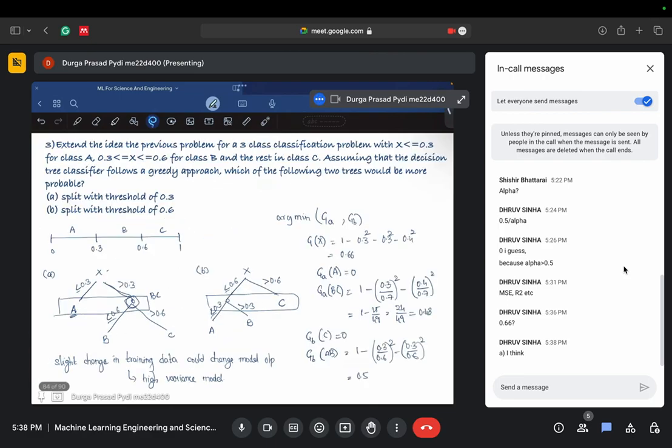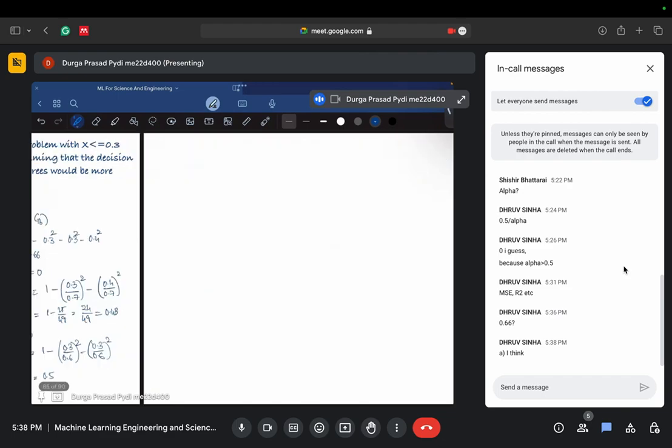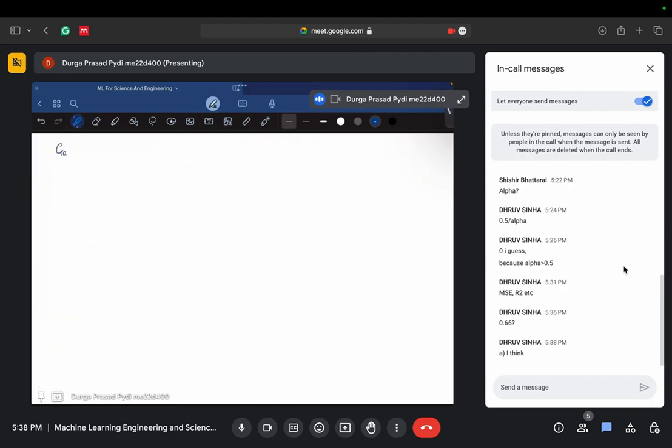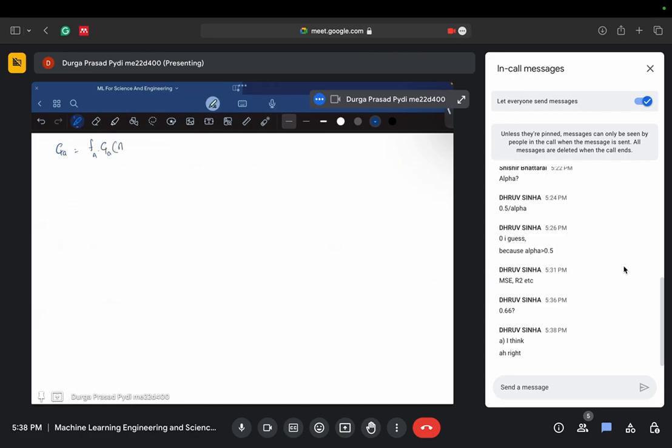A. We haven't calculated the overall thing, right? So this is GAA and GABC. Again we need to calculate the overall one for the split A. How do I do that? GA is essentially the proportion of A times its G, and then you need the proportion of BC times its G.